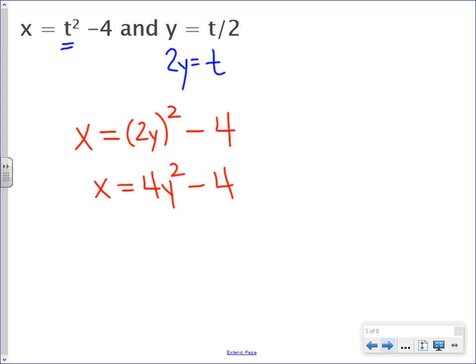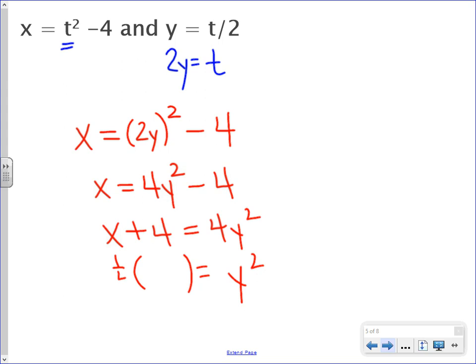Okay. What we can do is add this over. x plus 4 equals 4y squared. And then we could say y squared is 1/4 (x plus 4), where we have a vertex at (-4, 0). Hey, I think that's where we had it last time.